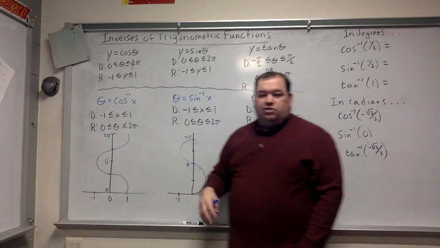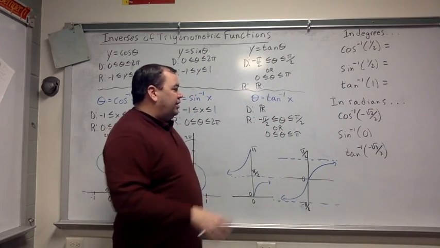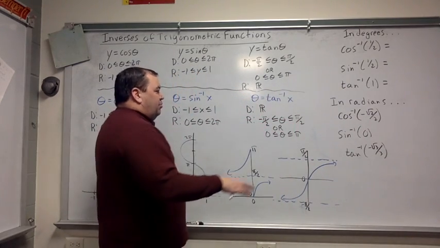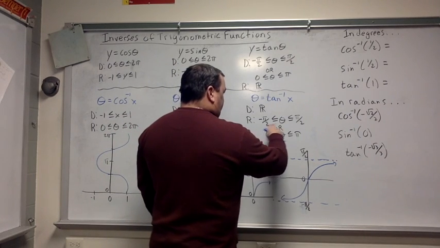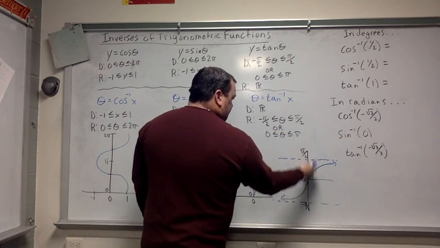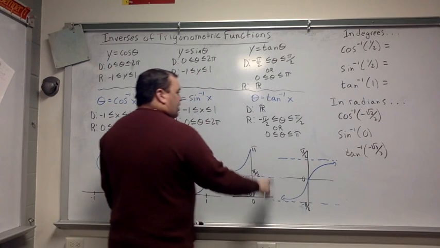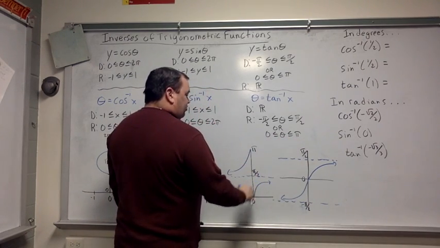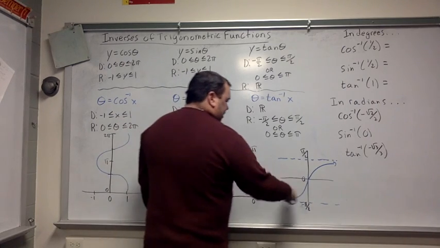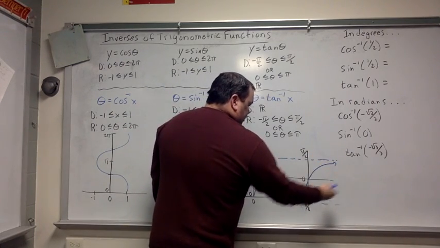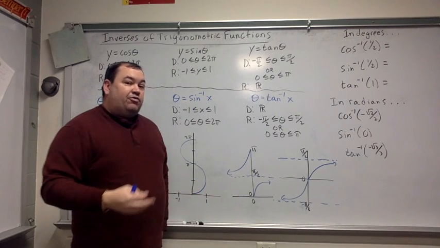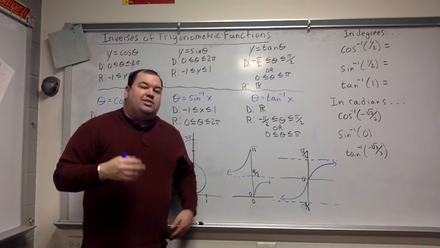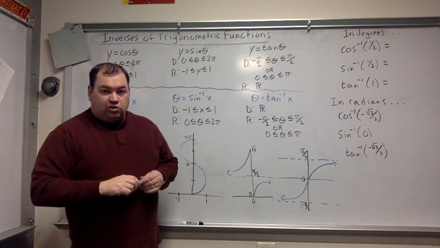And of course, tangent is always a little different, and depends on how you graph it. If you graph it from -pi/2 to +pi/2, it would look something like this. If you graph from 0 to pi, it would look something like this, but it has one going one way and one going the other, and the asymptotes are now horizontal instead of vertical. So that's what these inverse trig functions look like.